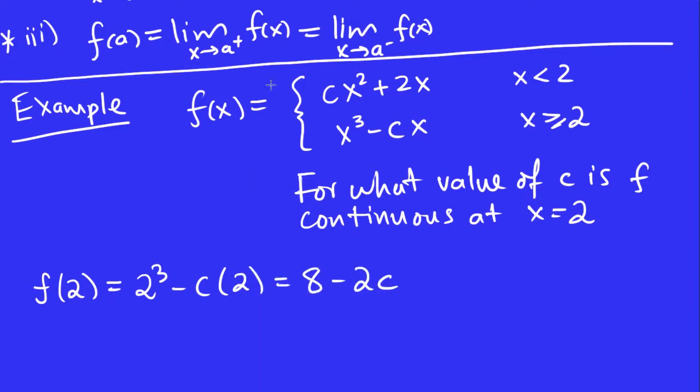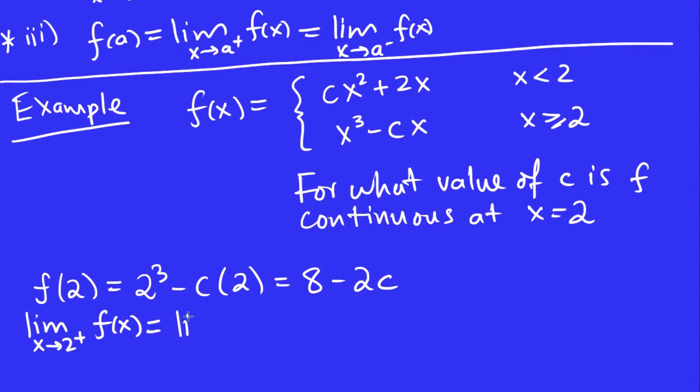All right. Now let's do the right-hand limit. So the right-hand limit at 2, what is that? Well, since x is going to 2 from the right, that means x is a little bit bigger than 2. And whenever x is bigger than 2 or equal, we use this second formula, right?